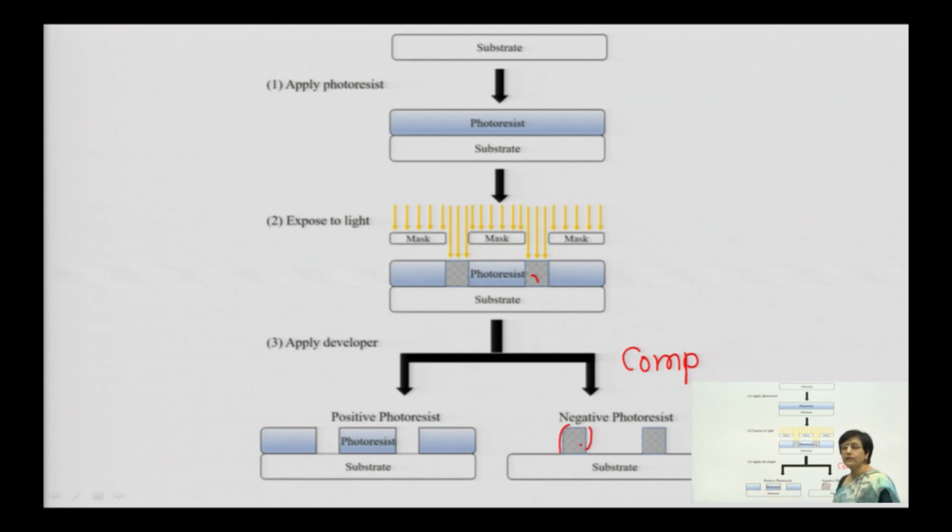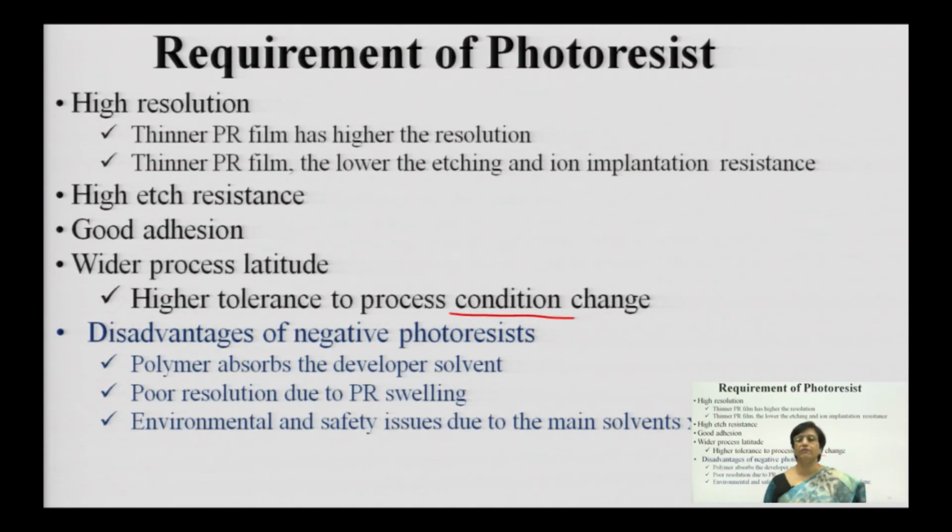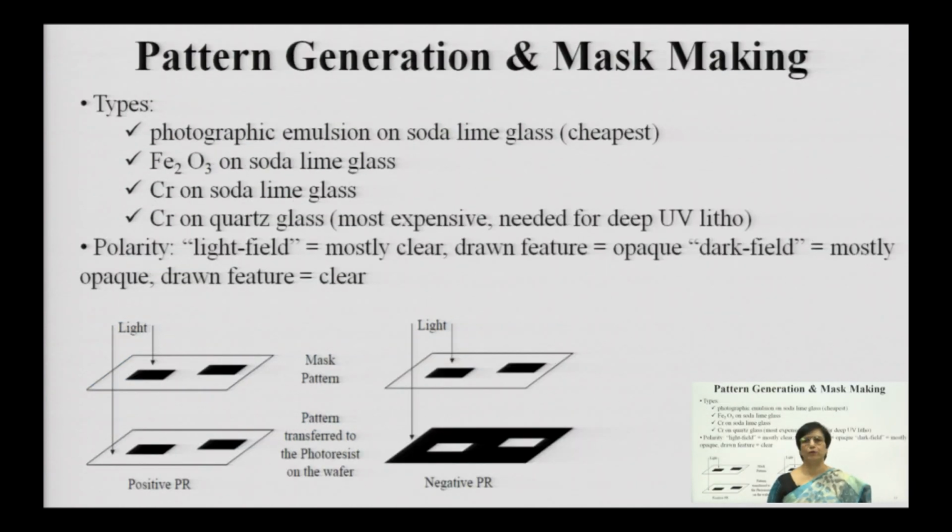When this gets swollen, the pattern is not exactly formed, and that is why you have poor resolution. Then environmental safety also is there, because many of the solvents are not eco-friendly, and that is why negative photoresists are not very popular.